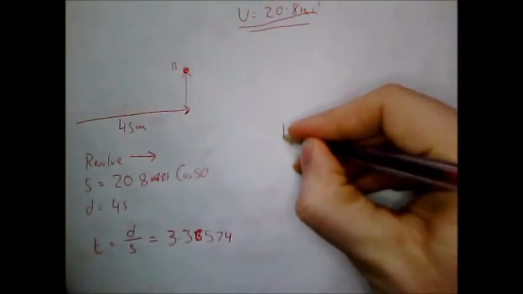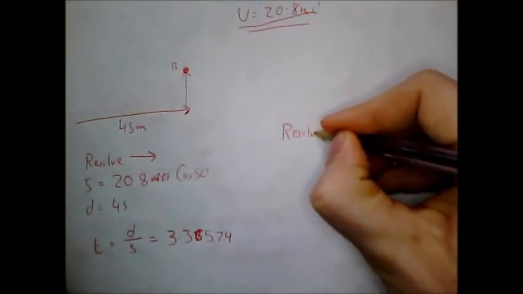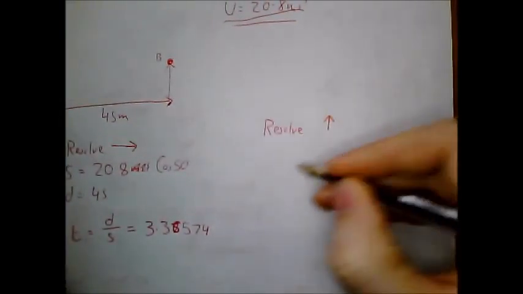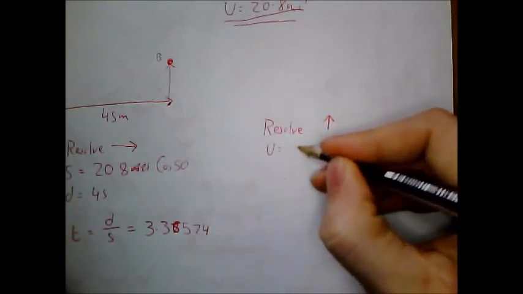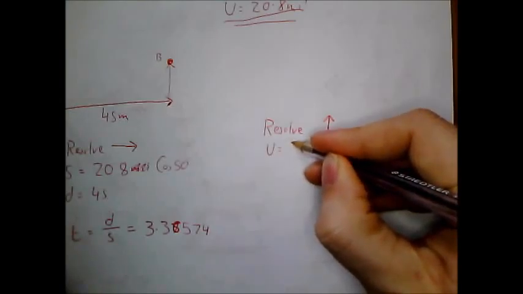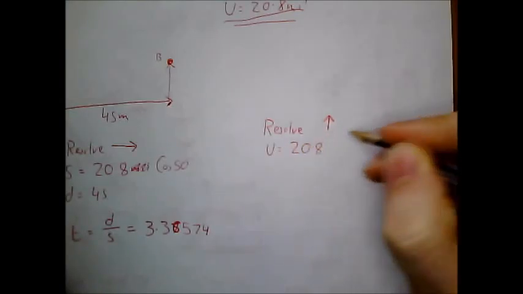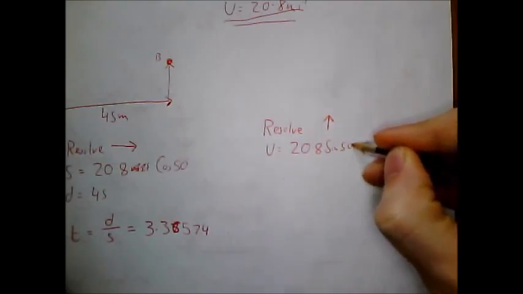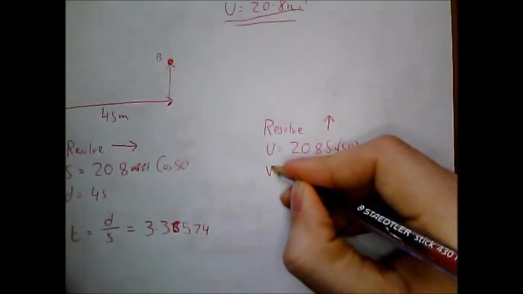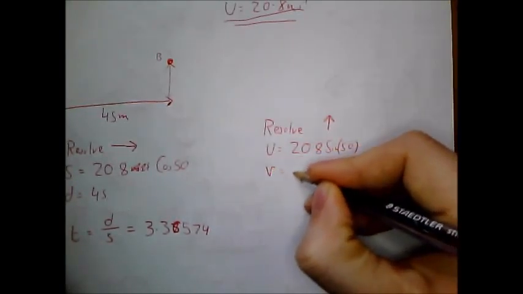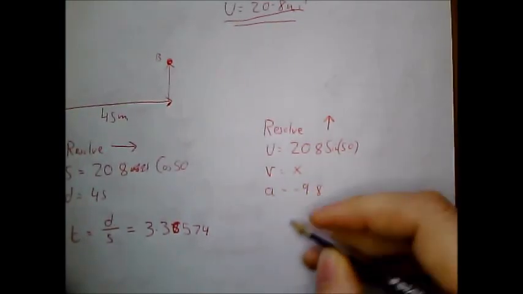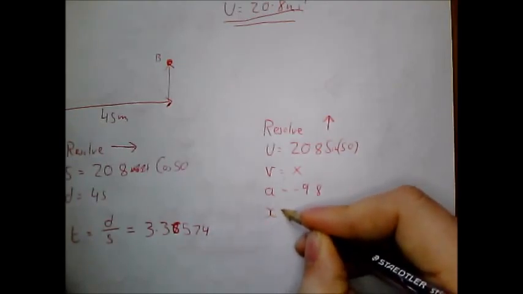Okay, and then we're going to resolve upwards to find where it is from the datum position now. So resolving upwards, u equals 20.8 sine 50, v we don't care about, a equals negative 9.8, and x is what we really want to know.